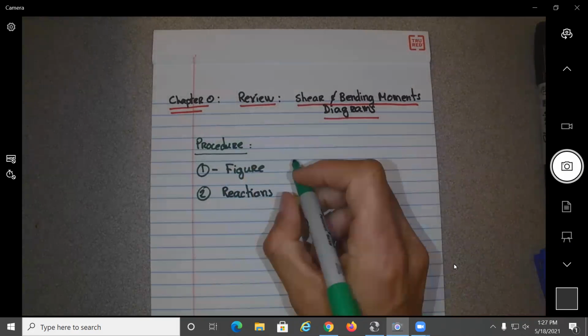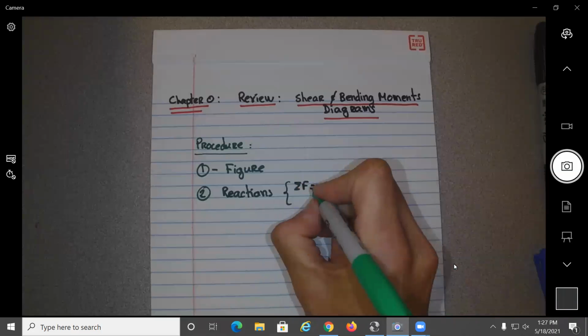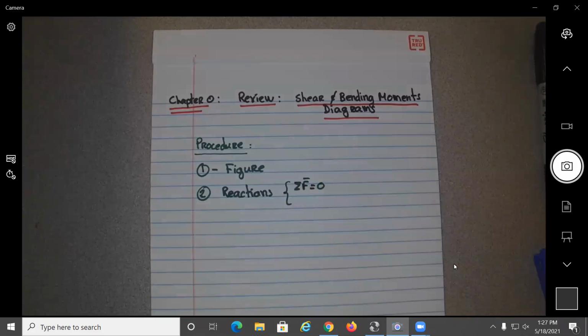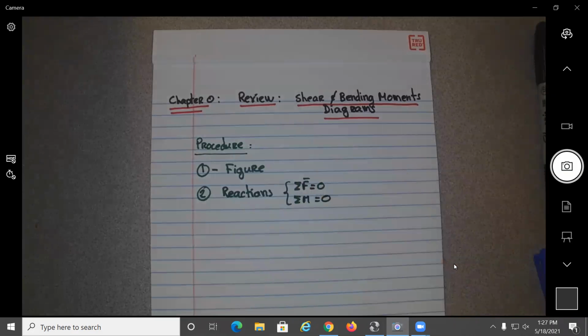So, in order to find the reactions, what do you need to use? You probably need to use the static equations. Summation of forces equal to 0, and summation of moments equal to 0.